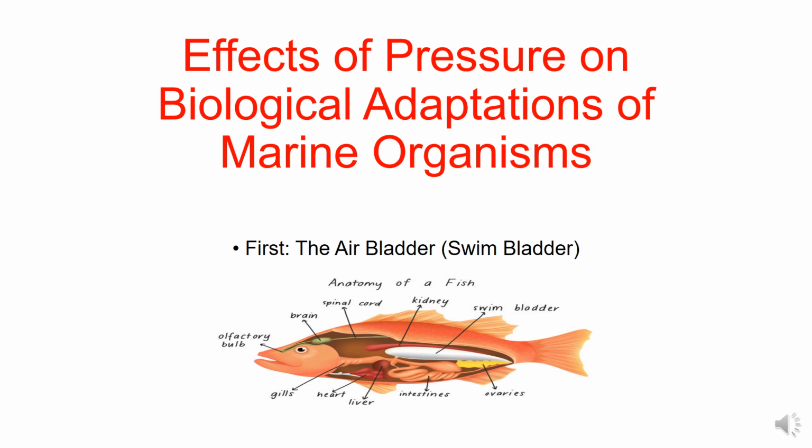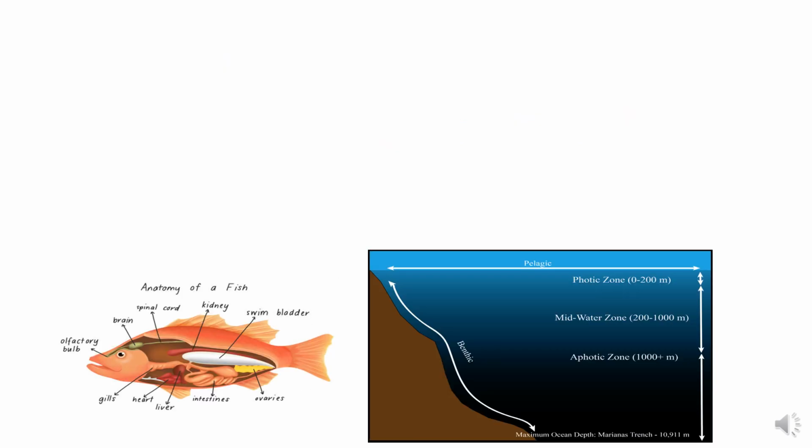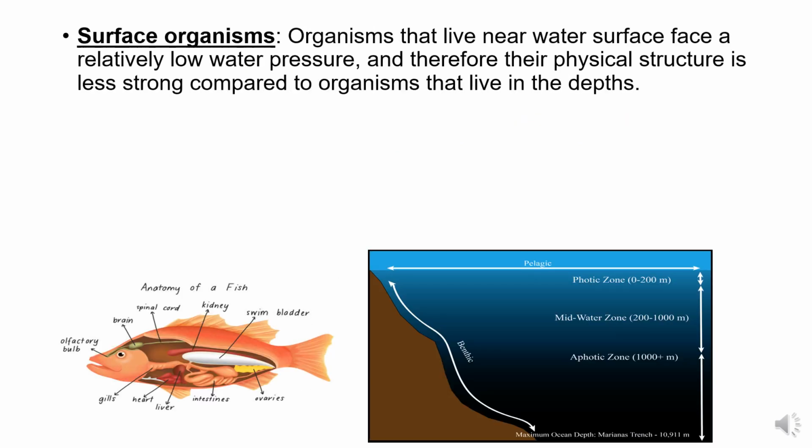Now, let's discuss the adaptation of marine organisms. First of all, surface organisms are the organisms that live at the surface of the water. They live near the water surface, so they face a relatively low water pressure because, of course, they are near the surface.